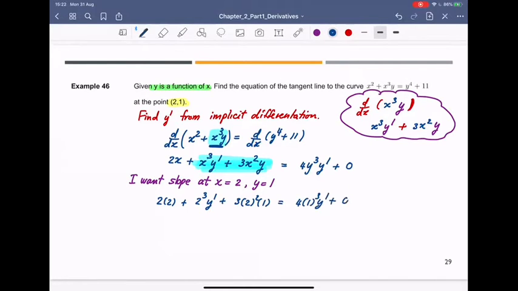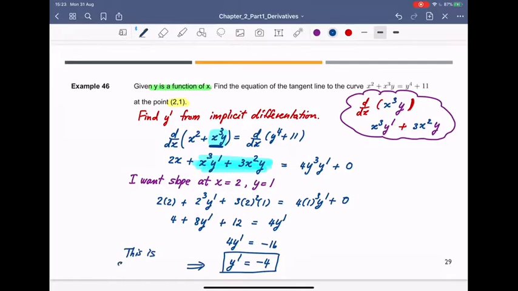So I don't have to simplify anything. And then this is 4 plus 8 y prime plus 12 equals 4 times y prime. Which means 4 times y prime equals negative 16. That means y prime equals negative 4. This is the slope at x equal to 2, y equal to 1.